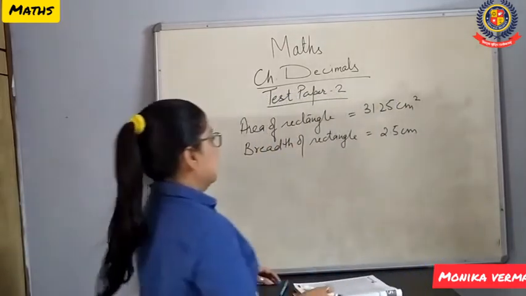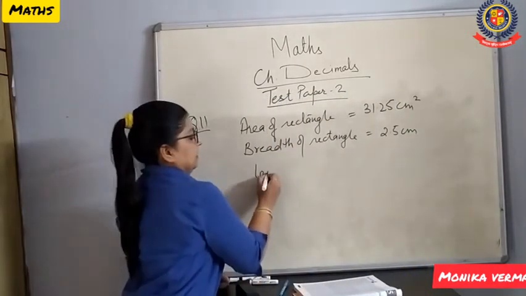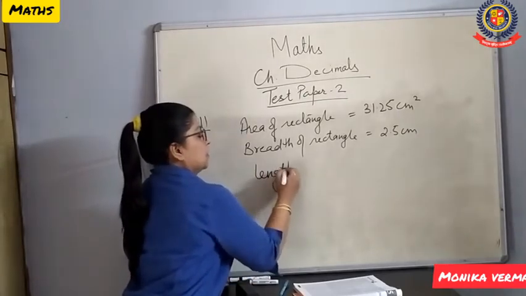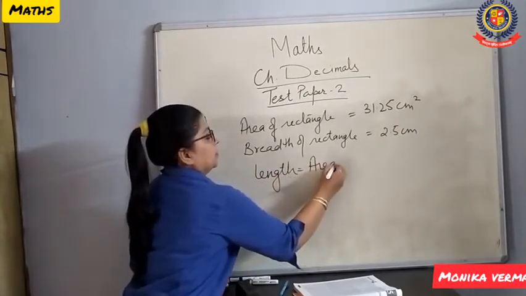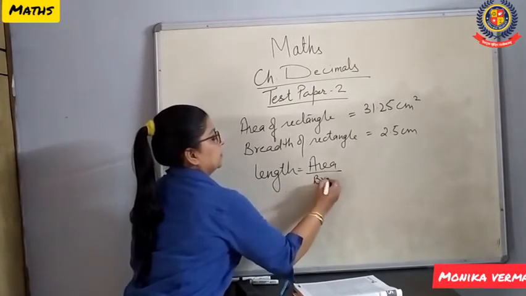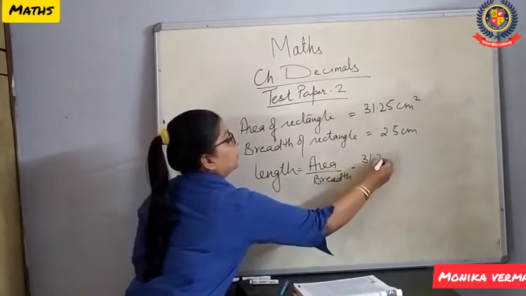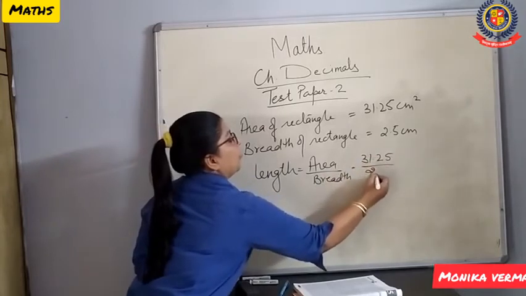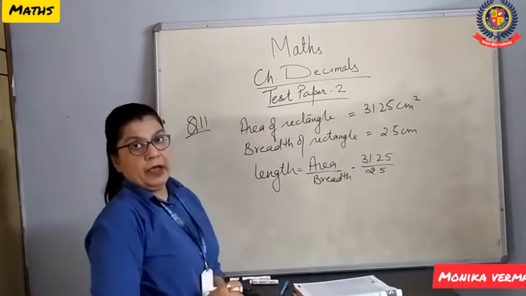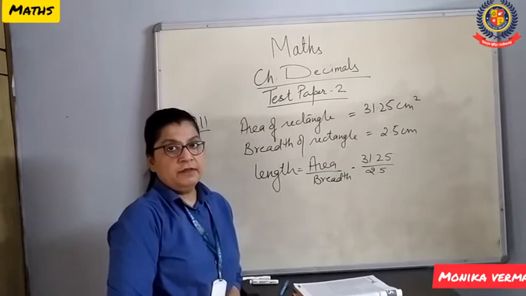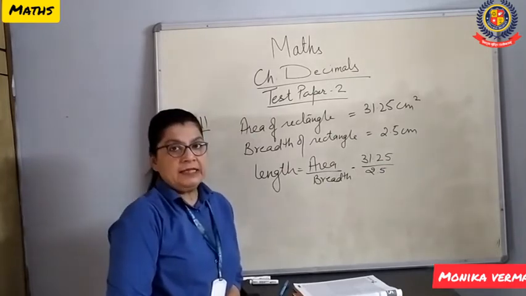We have to find length, and length is equal to area upon breadth, 31.25 upon 2.5. I hope this much you can solve yourself. Now you have to complete this answer yourself.